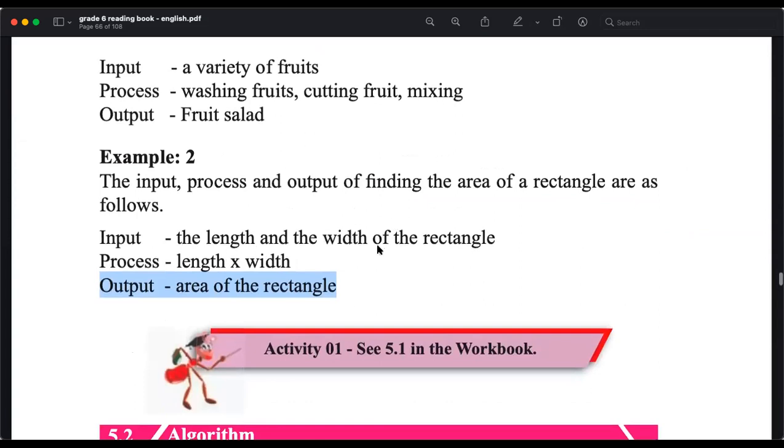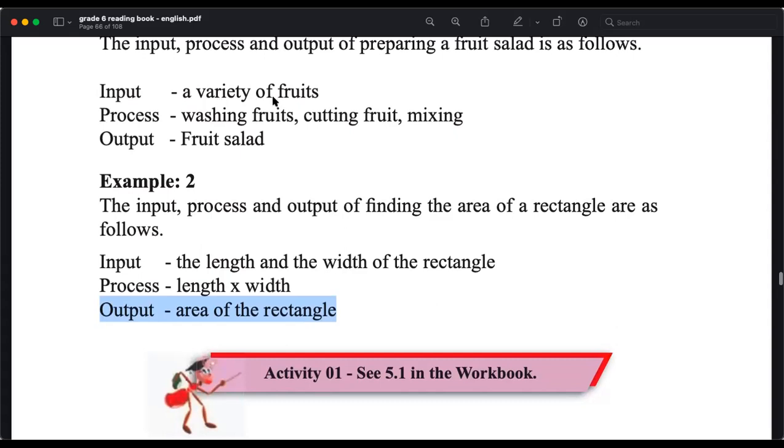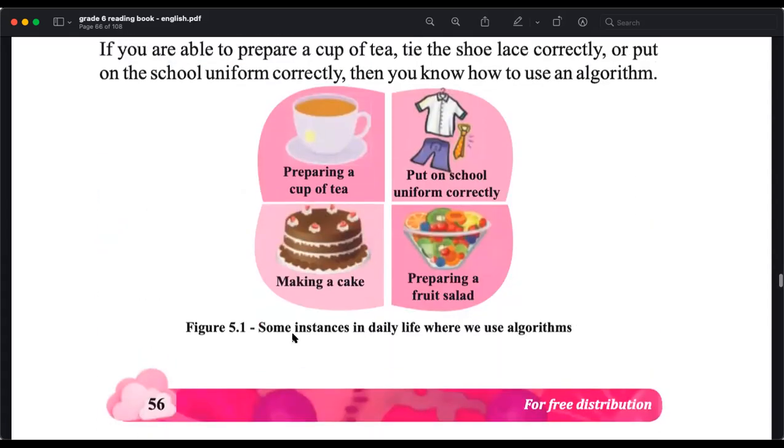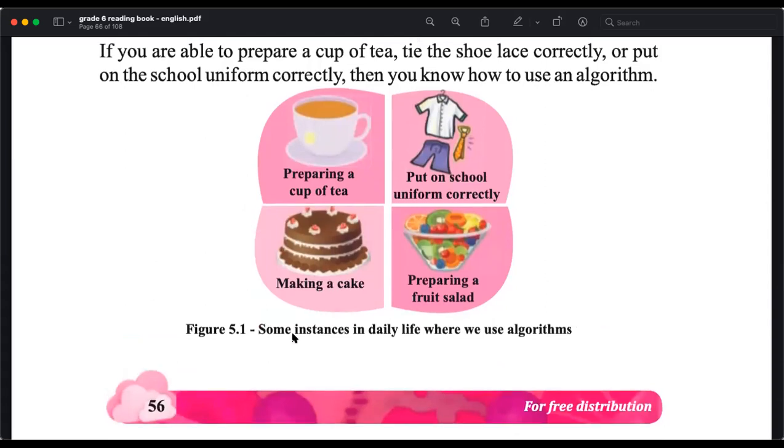How to prepare fruit salad by washing, cutting, mixing, then making a fruit salad. And here, multiply the width by length and that creates the process. If you have the length and width as inputs, by applying this process, you can find the rectangle area. And here are some practical examples: preparing a cup of tea, school uniform, making a cake, preparing fruit salad. That was given in the book.